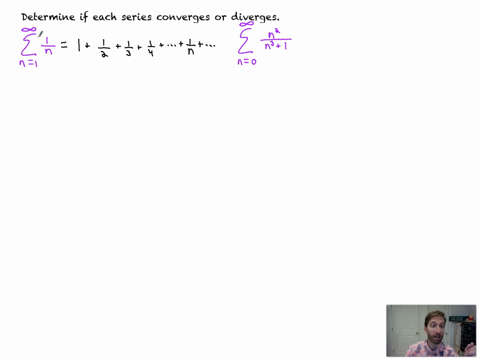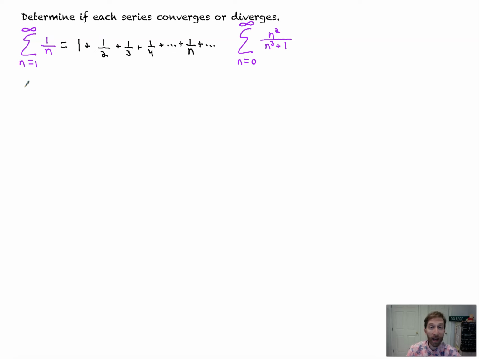We certainly have a continuous function, right? The function 1 over n is continuous, starting at 1 and going on. And the values are decreasing in size as we go down. So we fit all of our check marks.